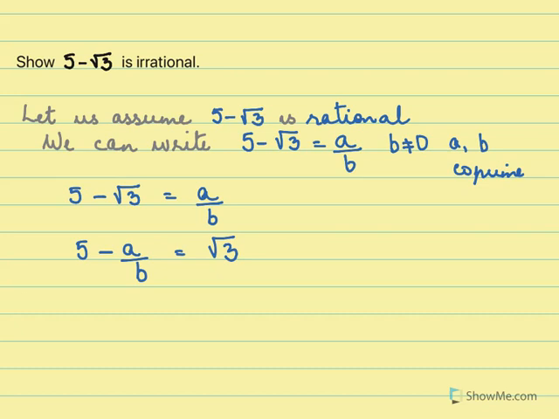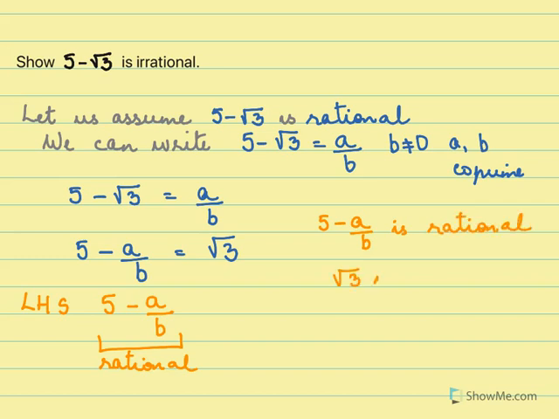Now if you look at the left hand side, it's made up of 5, which is an integer, a is an integer, b is an integer. So these are all integers, so my left hand side is rational. So I can say 5 minus a over b is rational.